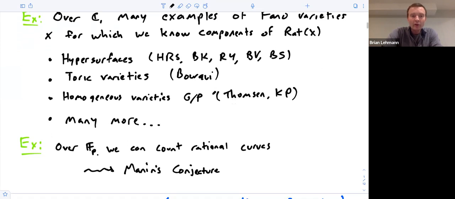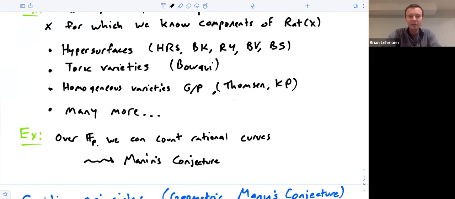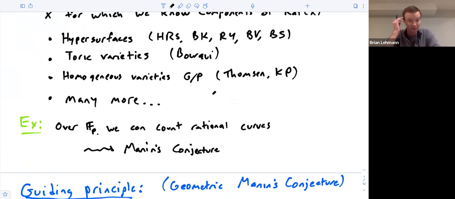Another option, which is a little bit of a different field, is to work over a finite field. If we're working over a finite field, then we can actually count rational curves. For example, we can look at the moduli space, and then we can count F_p points on each component.